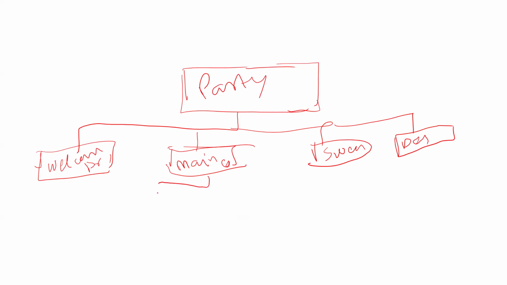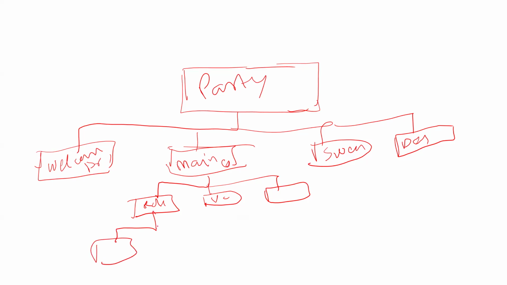Under the main course, you might have the rotis, the vegetables, and the side dishes. Under the roti, you might have tandoor and naan. Remember, this whole hierarchy is called the WBS.